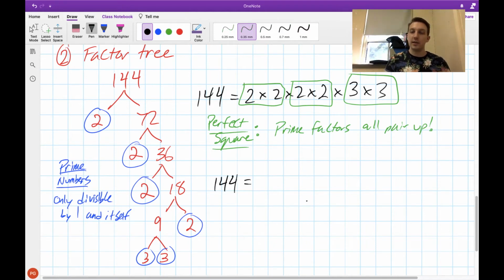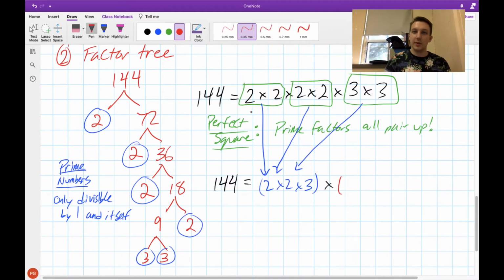The way that we show what this perfect square would be is we take one of each pair. So we take one of these 2s, we take one of these 2s, we take one of these 3s. Then we do the same thing with the same pairs again. So we take the other 2 from here, the other 2 from here, and the other 3 from here.